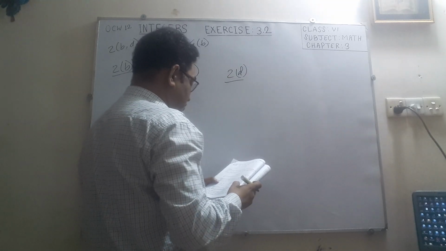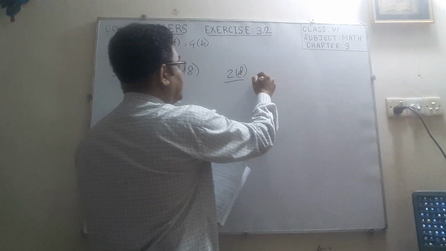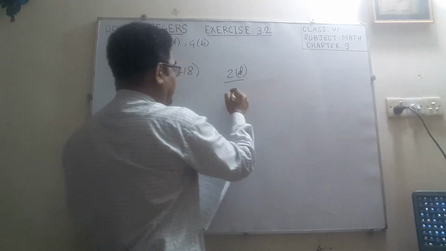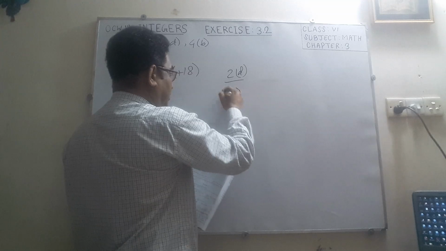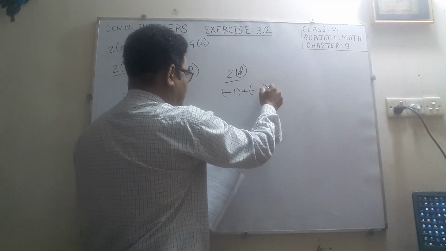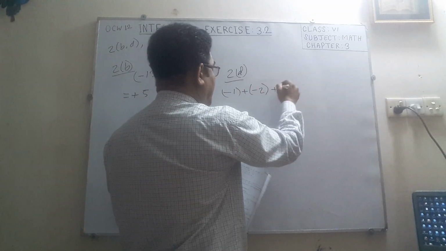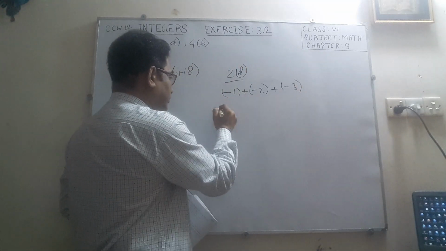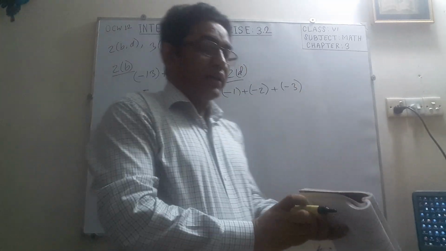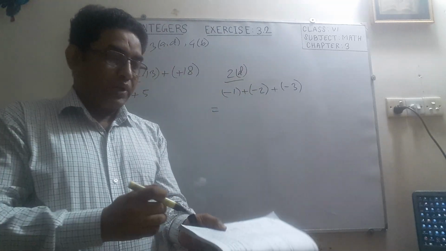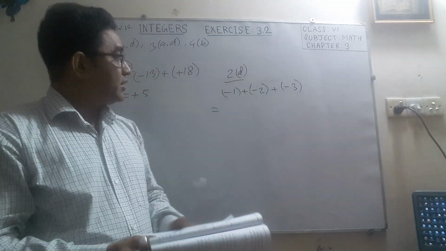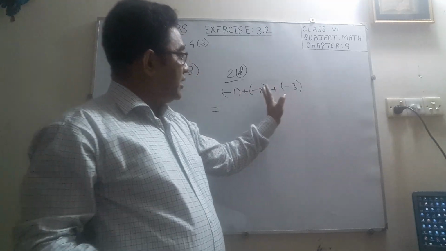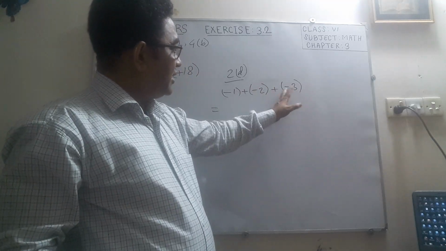minus 1 plus minus 2 plus minus 3. To add numbers, we have to calculate the same sign on one side and the other sign on the other side.